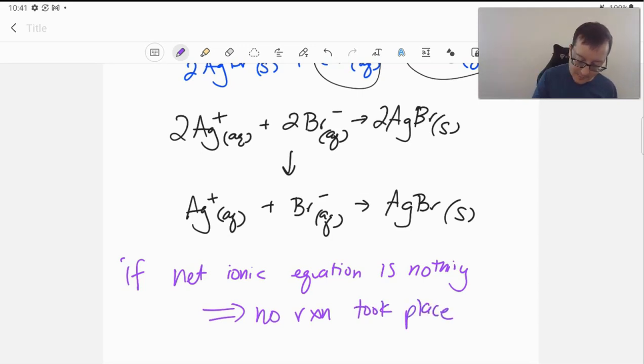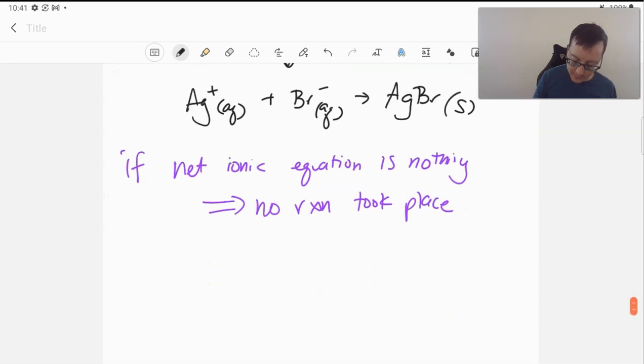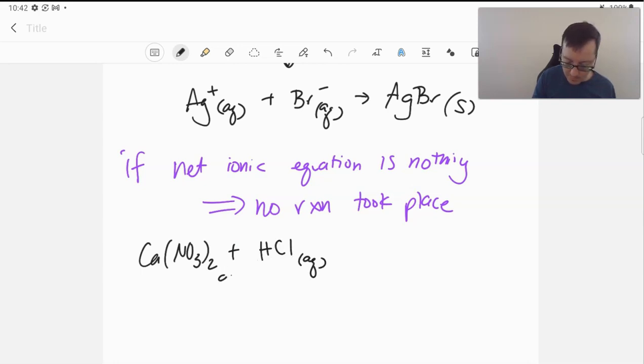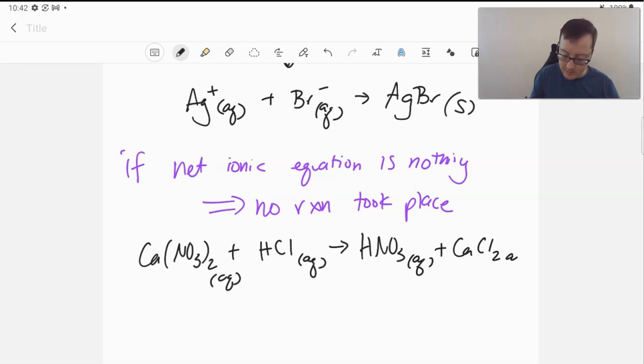And I'll give you an example of that right now. If you have, say, calcium nitrate plus HCl, I'll let you do this one. You should see that once you produce the products here, no reaction will take place. Switch everything around, you get nitric acid and calcium chloride.